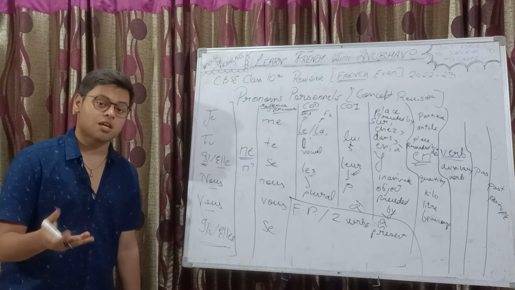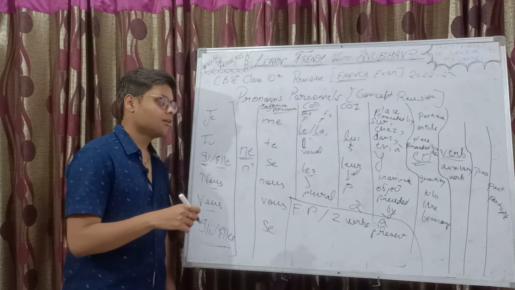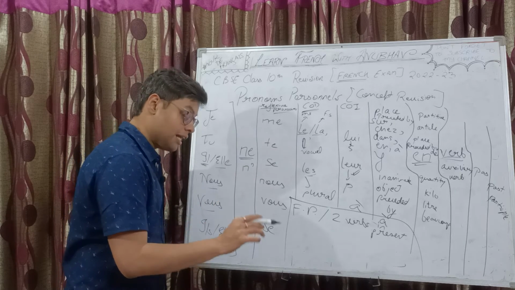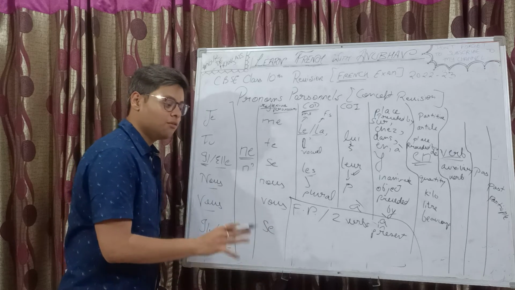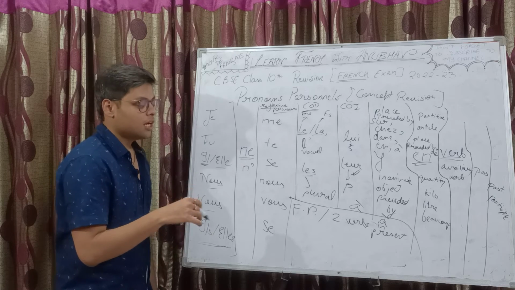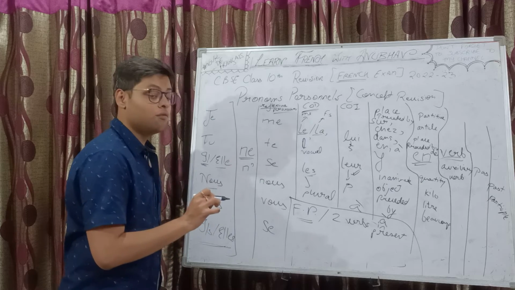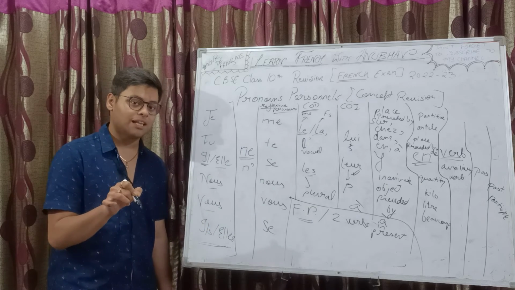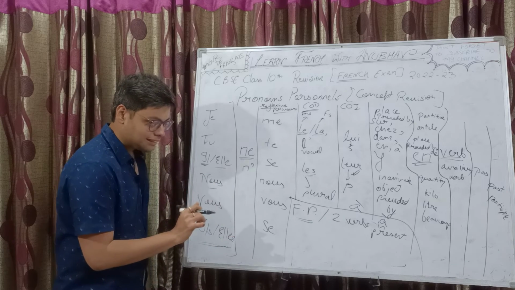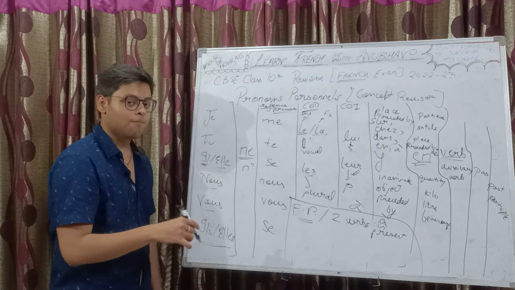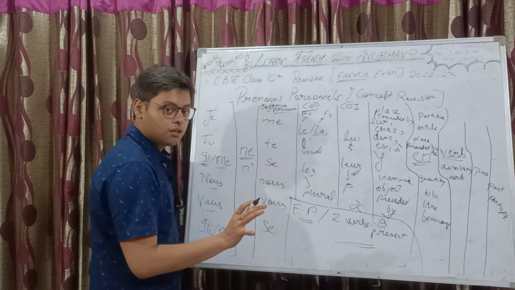For example, j'aime manger, I like eating. Usually the first one is conjugated and the second one is not conjugated. And in futur proche, what do we have? Subject plus present tense conjugation of aller plus the infinitive of the verb. Now in such a case, the pronouns will come before the main verb, that is, the one in the infinitive.